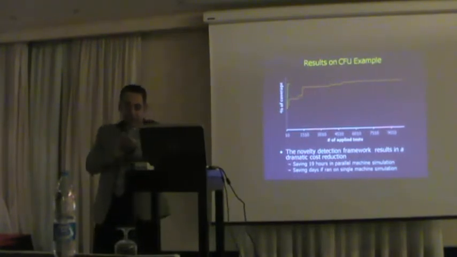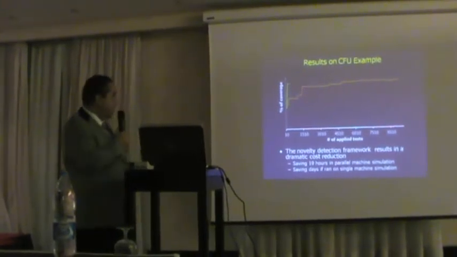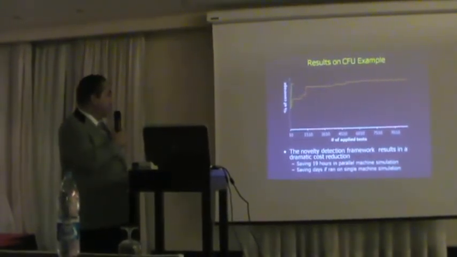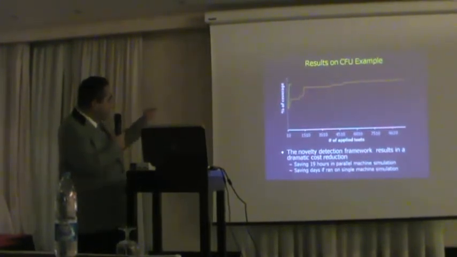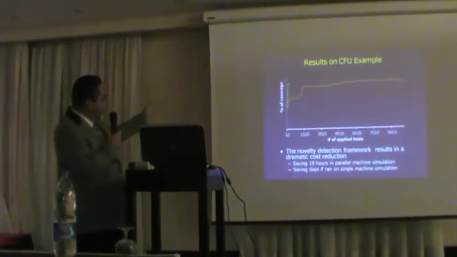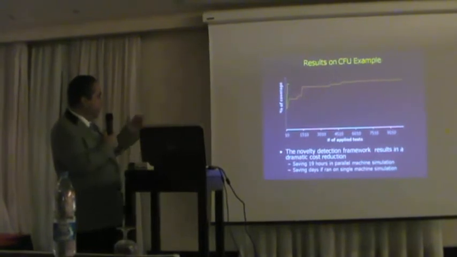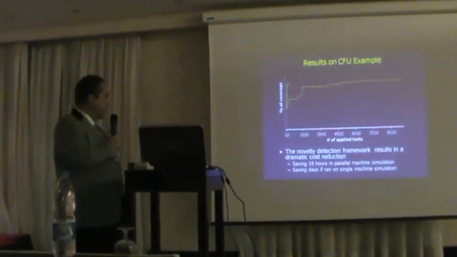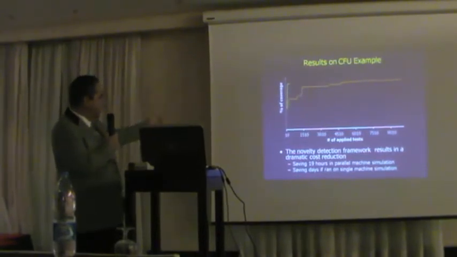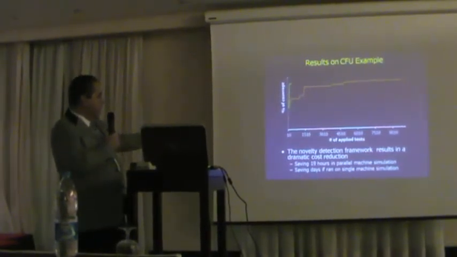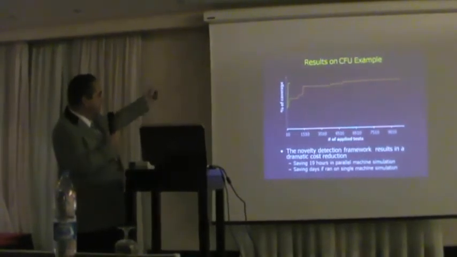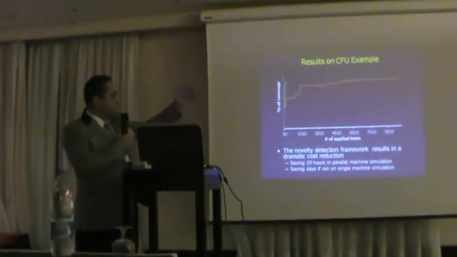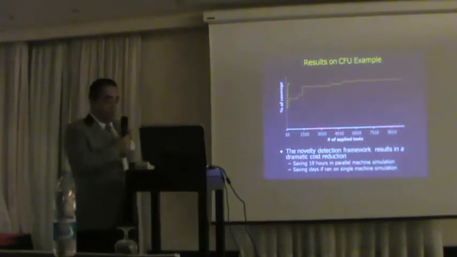And here are the results on one of the designs. It's maybe harder to see on this slide here, but you see that little green line, okay, at the very, very beginning? That's actually after you apply what I just showed you earlier, okay? What happens is that you can apply a few hundred tests, you can get the same coverage instead of running these 10,000 tests that we were doing earlier.